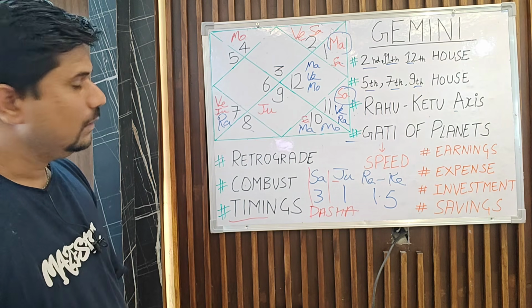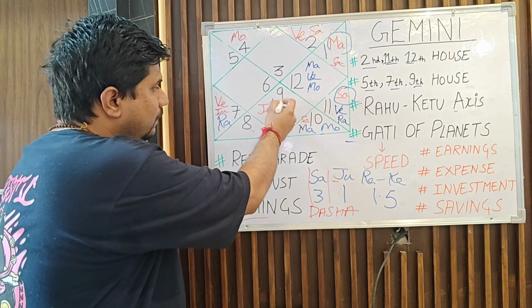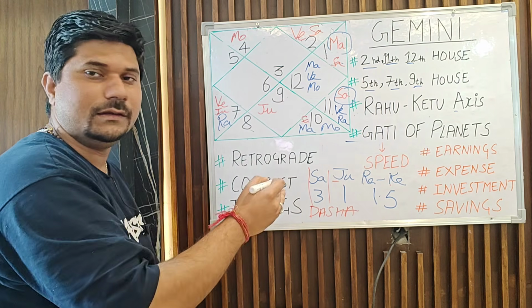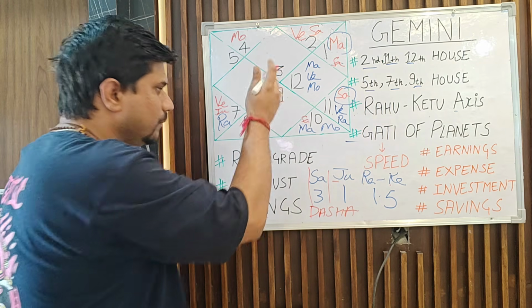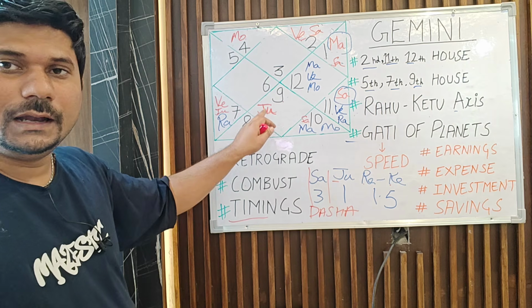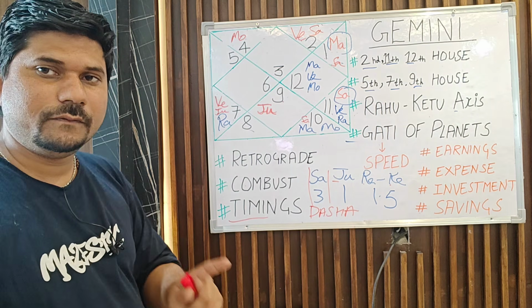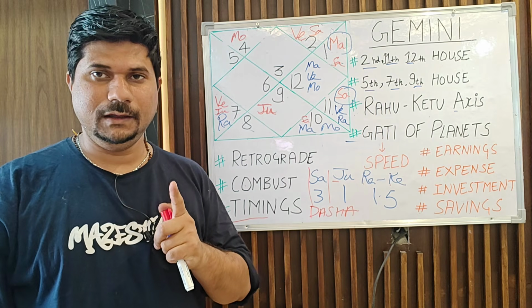Now if the gochar of Jupiter is once again coming to the exact same zodiac sign of Sagittarius, it means Jupiter is getting superimposed over the Jupiter. And if that transit forms any connection with the Antardasha Lord, this is the exact timing.